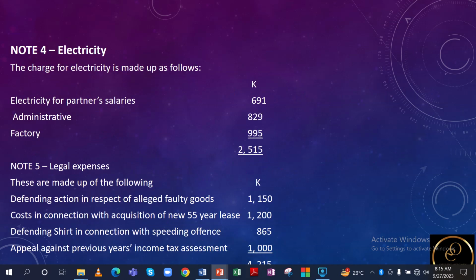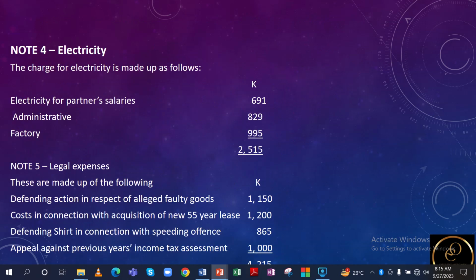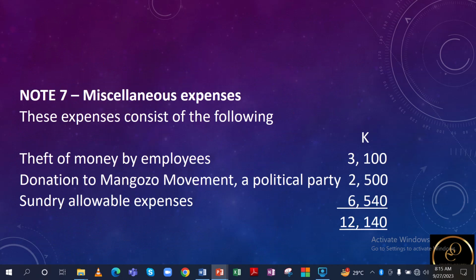So we have several notes given all the way up to note number 8.